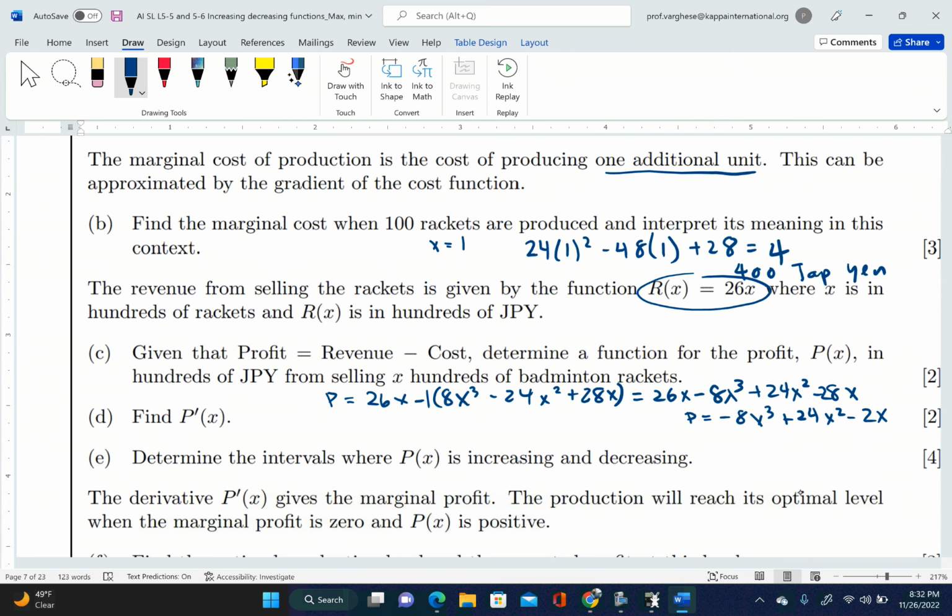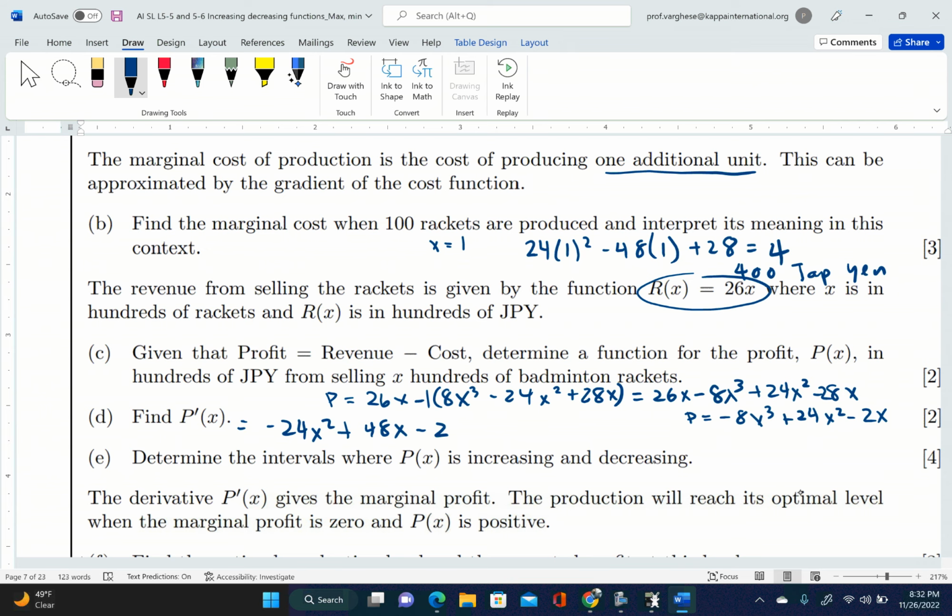So we're going to differentiate this function that we just found. This is equal to 3 times -8 is -24x squared plus 2 times 24 is 48x, and this is -2. All right, so there is the derivative.